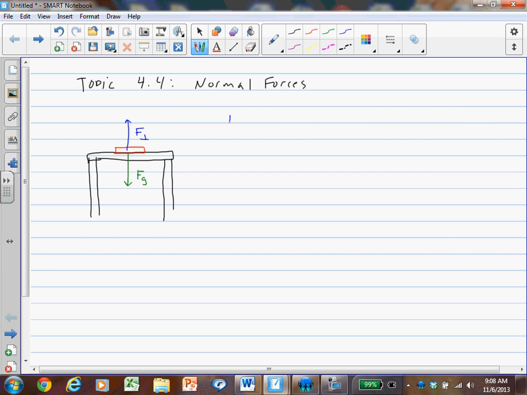So this F perpendicular is the normal force. It's also called the perpendicular force, and it's also called the support force. I usually use normal force.